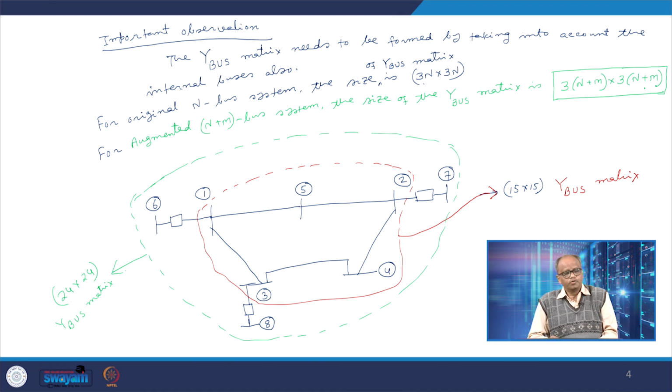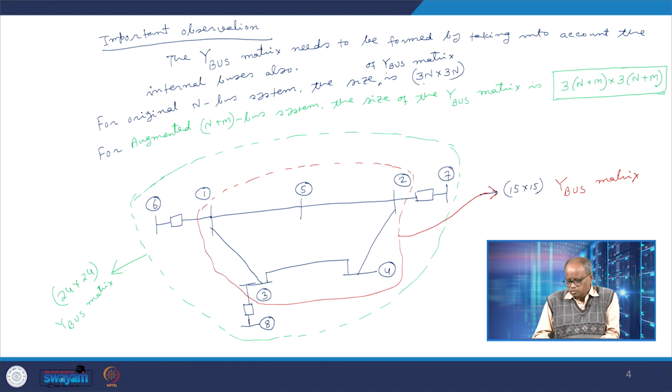So this is a very important observation. The moment we augment this system, my total system size increases from n to n plus m. So I also have to find out the Y bus matrix for the augmented system, and as a result its size would be 3 into n plus m cross 3 into n plus m.